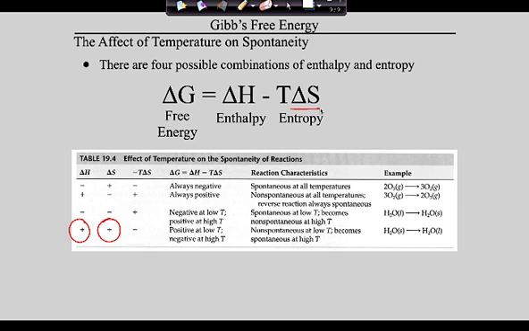So if entropy is now working towards spontaneity, and if we want that to become so gooder that it allows this reaction to be spontaneous, what are we going to do to T? We're going to heat this up. So guys, this becomes spontaneous at high temperatures because now entropy is favoring spontaneity, and consequently, the higher we heat the temperature, the more likely the reaction is to be spontaneous.